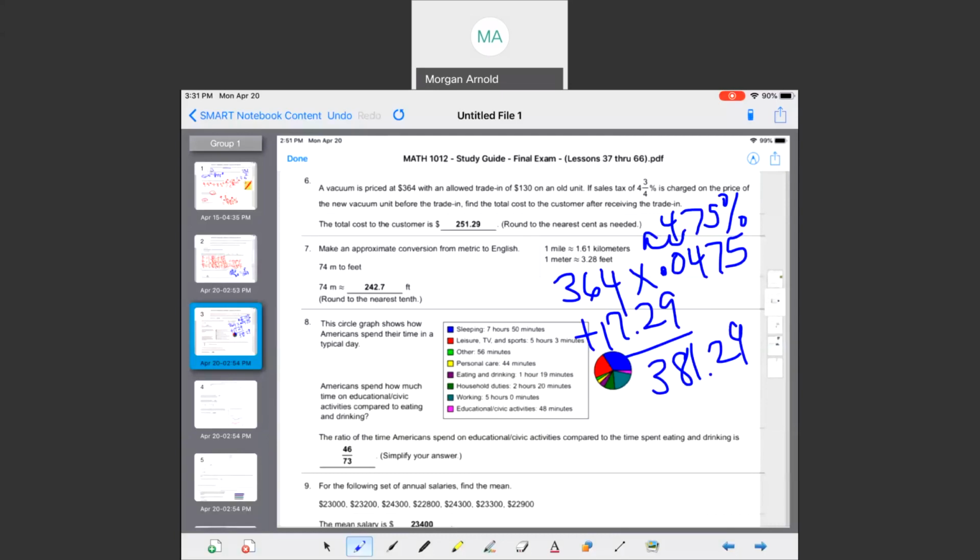Now what we do with the trade-in is subtract it from this amount. So when you subtract 130 from our total, you get $251.29.